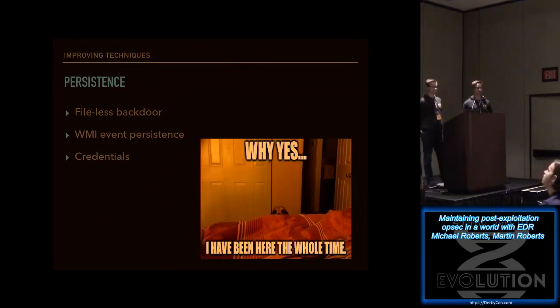With valid credentials, you can avoid abnormal activity. So if you know a user's always going to log in to, say, manage a server, then you can use those credentials like that user would, and it's much less suspicious. There are other persistence methods, obviously, that won't get caught by EDR.